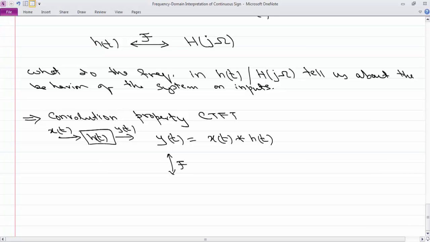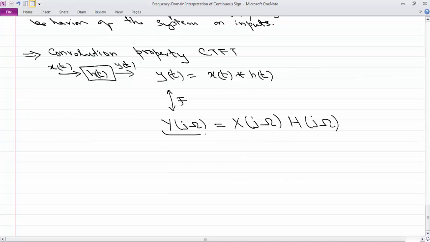The Fourier transform of the output is Y of j omega. By the convolution property, we know that convolution in time is multiplication in frequency. So we get X of j omega multiplied by H of j omega. Now, what is Y of j omega? Y of j omega is the frequencies in the output of the system.